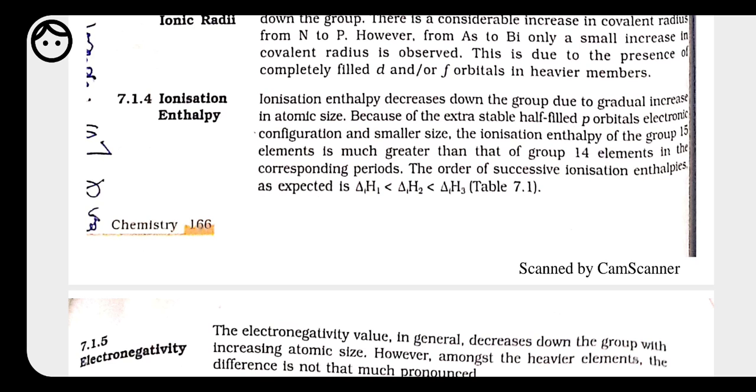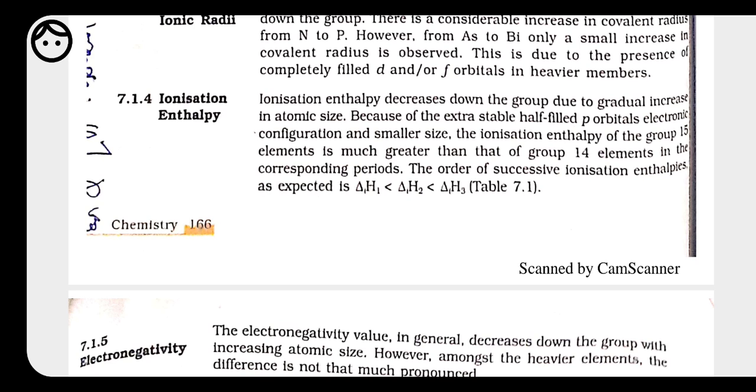This is because of the extra stability due to the presence of an exactly half filled orbital in their valence shell. For noble gases, the electron gain enthalpy is 0, or taken as a positive value. First, let us talk about nitrogen and why it has a low electron gain enthalpy: because of the half filled orbital.